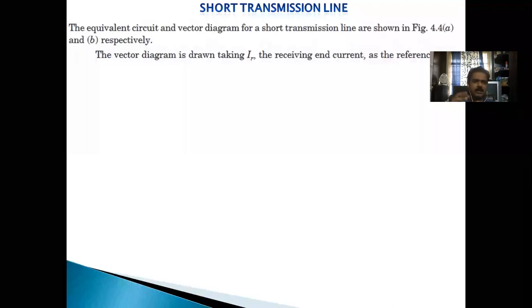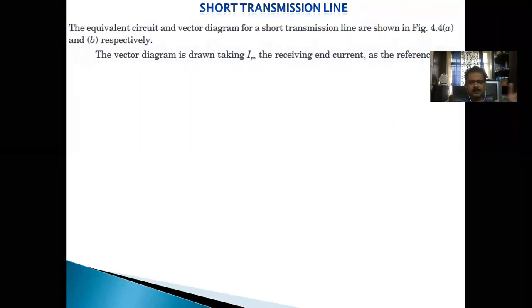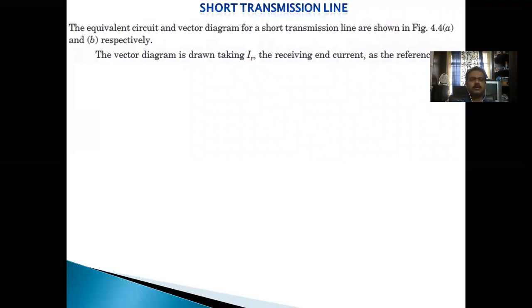Once we evaluate the resistance, inductance, and capacitance values for a given transmission line in the first chapter, the next step is how the system performs, that is, how the efficiency is going to be and how the regulation is going to be. Once we know these values, we can find out the performance of the given transmission line.